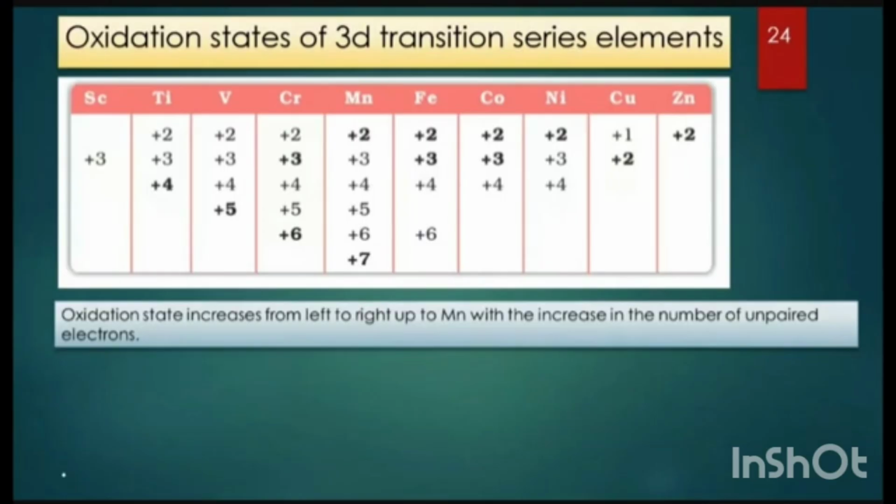From scandium to manganese it keeps on increasing because the number of unpaired electrons keeps on increasing, and it becomes maximum at manganese. After manganese it keeps on decreasing because the number of unpaired electrons decreases. That is why we see a decrease in the oxidation states of the first transition series of elements after manganese.